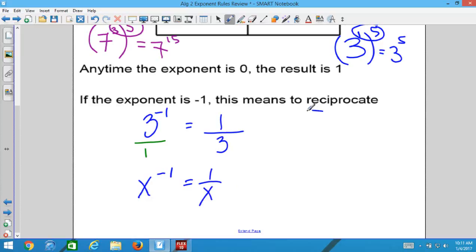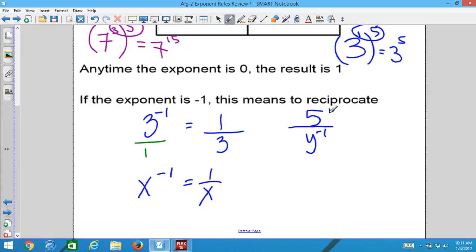If I have 5 over y to the negative 1, it's not going to just be flipped, because what is the exponent on the 5? The exponent on the 5 is 1, so that is a positive exponent. It doesn't move.